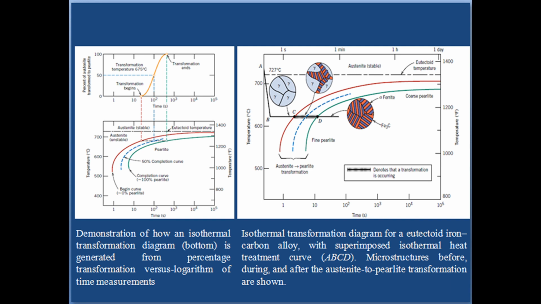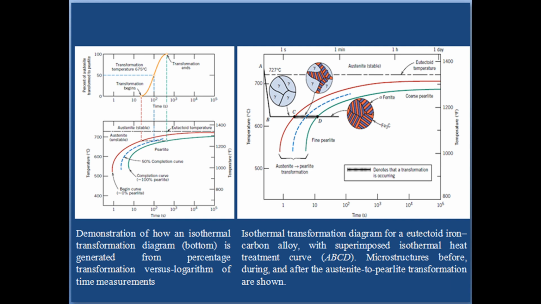An actual isothermal heat treatment curve ABCD is superimposed on the isothermal transformation diagram for a eutectoid iron-carbon alloy as shown in the figure. Very rapid cooling of austenite to a given temperature is indicated by the near vertical line AB, and the isothermal treatment at this temperature is represented by a horizontal segment BCD.